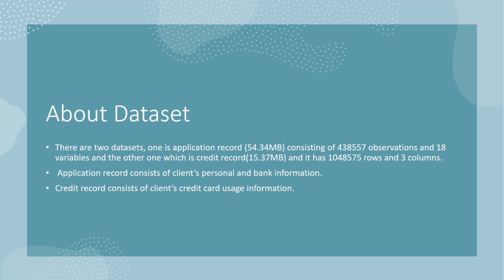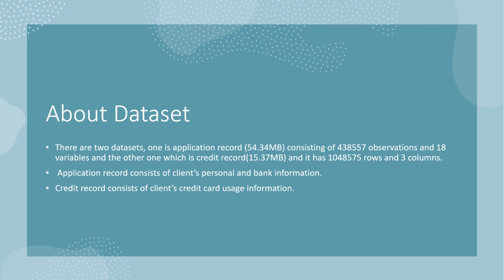And coming to the data set, I've taken the data set from Kaggle, and there are two data sets. One is the application record, which is 54.34 MB, with 4 lakh observations and 18 variables, and the other one is the credit record, which is 15.37 MB and has 3 columns.